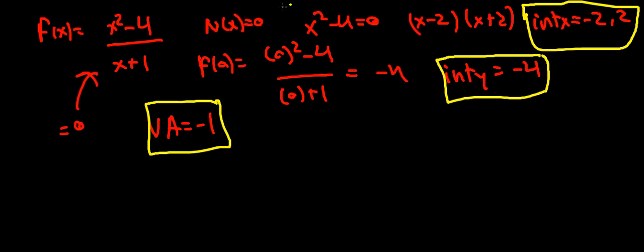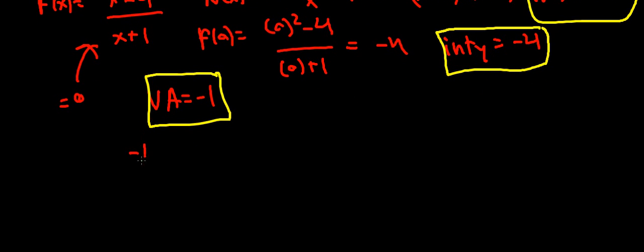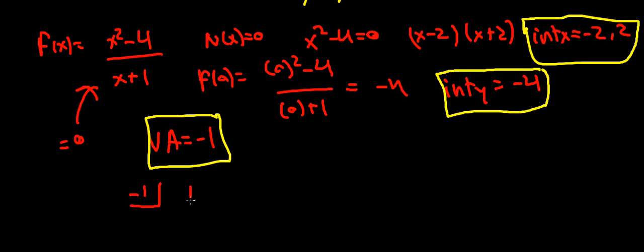So the first thing we can do is either use long division or synthetic division. I'm just going to use synthetic division because it's much faster. So we have minus 1, and then we have a 1, and then we have 0 for x to the first power. Minus 4.